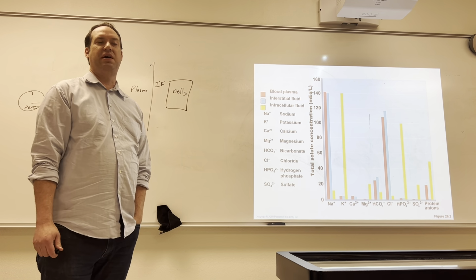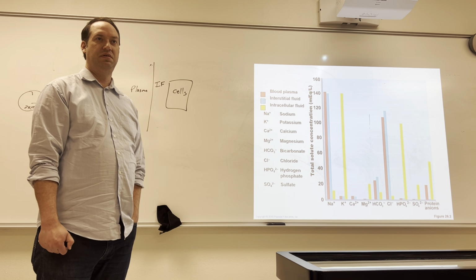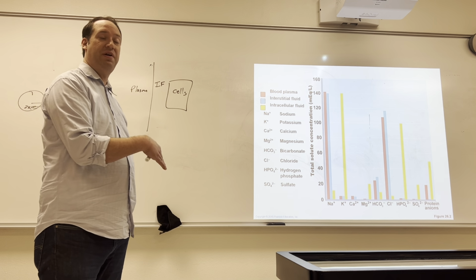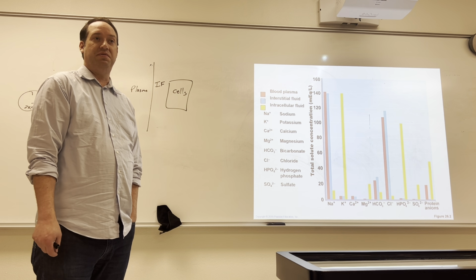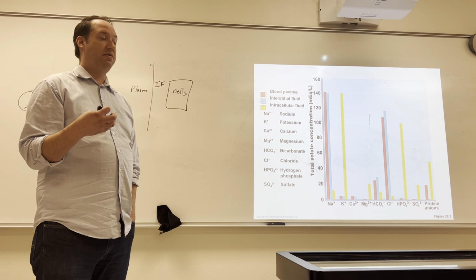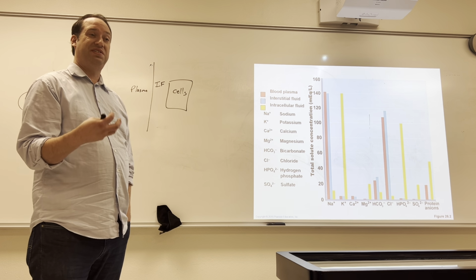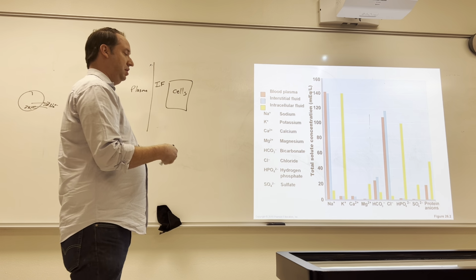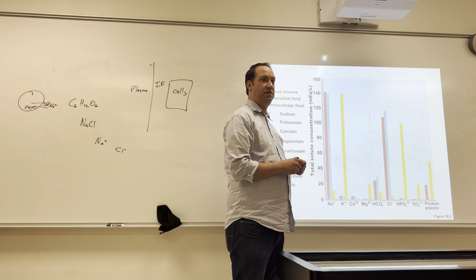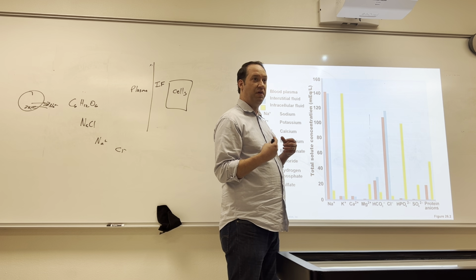Where is all the calcium? In your bones. It's not in fluid at all. It's stored in the bones. The extracellular matrix of bones is not a fluid, it's a solid, so it's tied up there. And what little calcium we have circulating, the vast majority of it is in the plasma and the interstitial fluid, not free floating inside the cells.